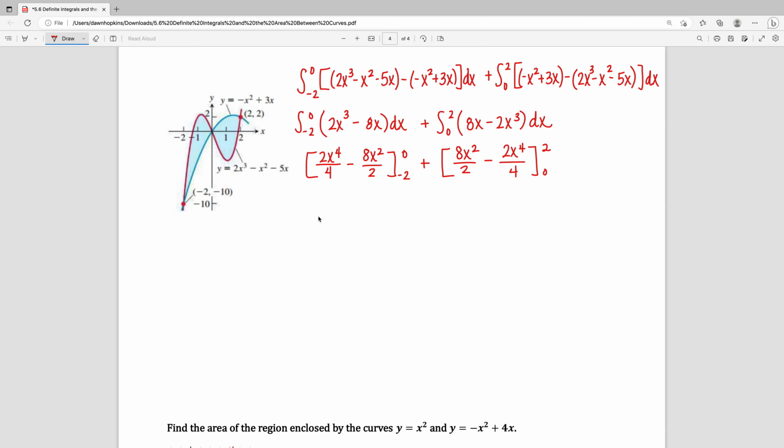If I clean these up, I end up with x to the 4th over 2 minus 4x squared from -2 to 0. And the opposite here, 4x squared minus x to the 4th over 2.